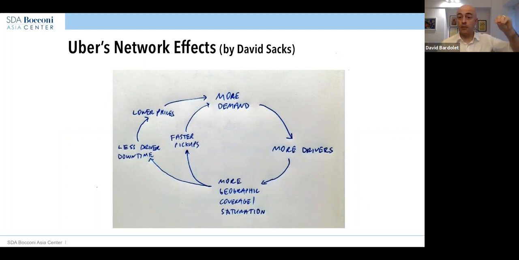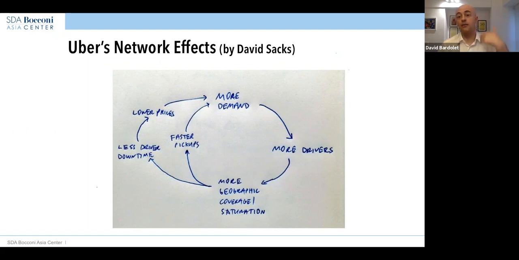And the fact that drivers, because there are more, they cover more area, they can get busier, Uber can lower the prices because drivers are busy all the time. They are producing money all the time. So you can reduce a little bit the margin that you're making, also the margin that you're giving to them.